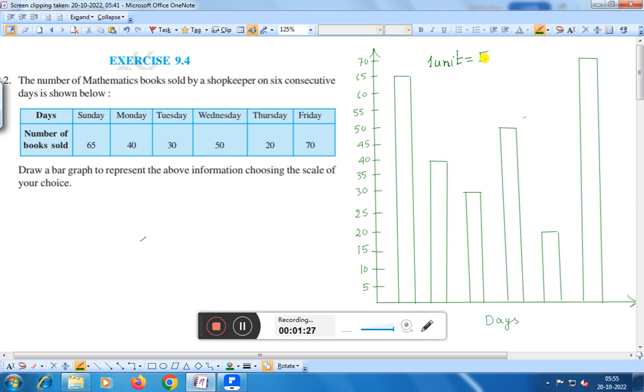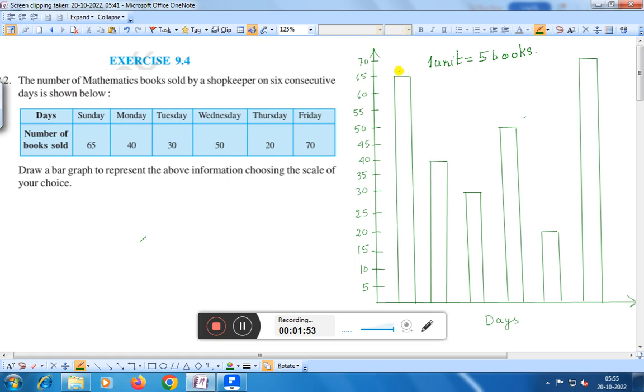Therefore, here you see 5, 10, 15, 20, 25, 30, 35, 40, 45, 50, 55, 60 and 65. Now the number of books sold on Sunday is 65.